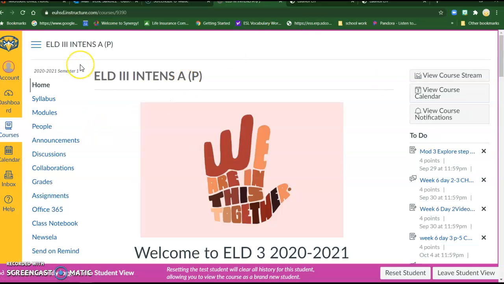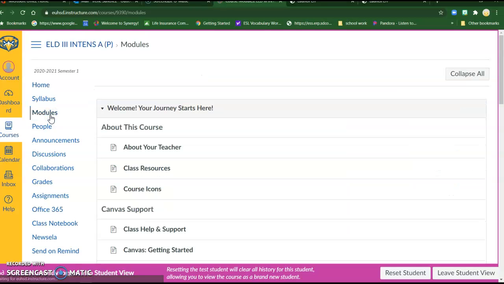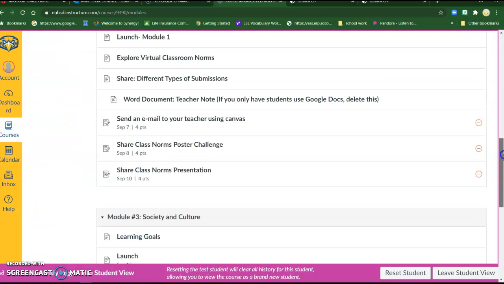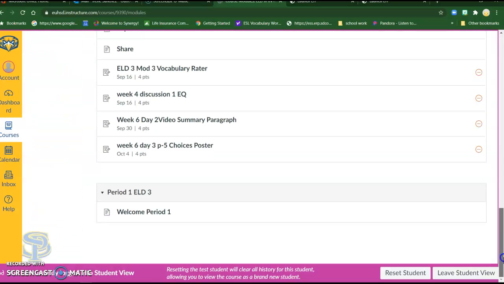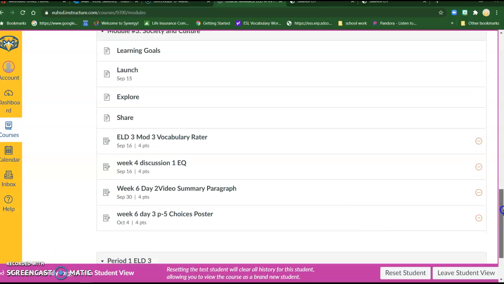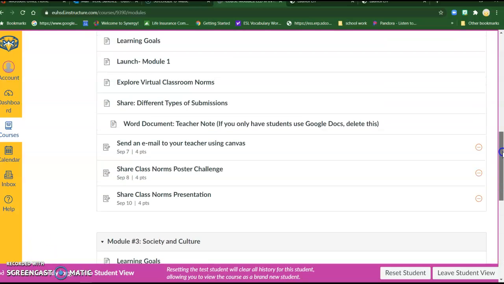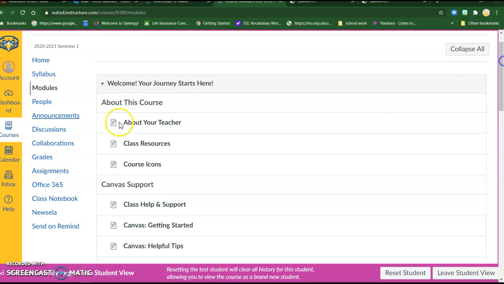So here's your student view. Once you get into our class, you are going to go to modules. And once you are in modules, I hope everybody remembers, we are on module 4, which I have not published yet.